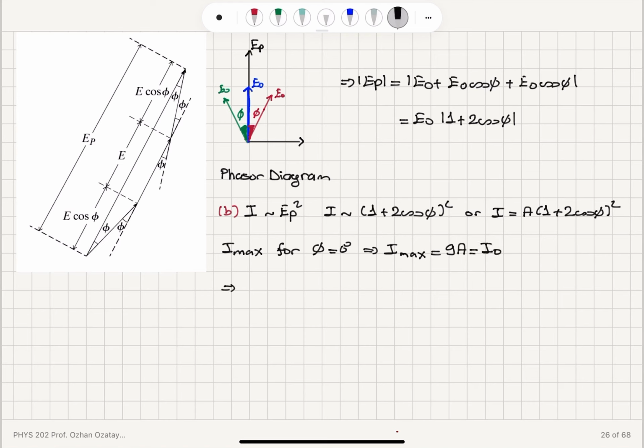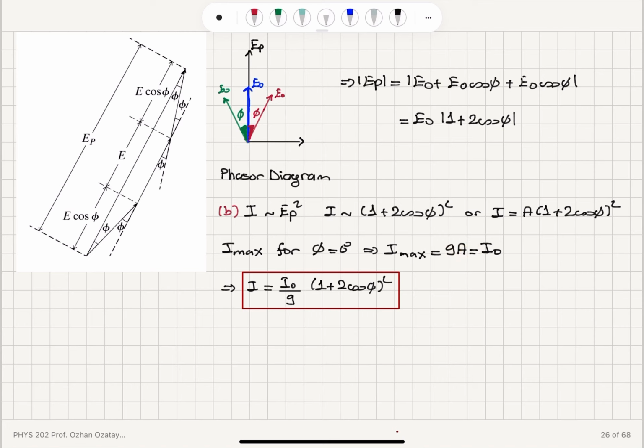So what I see then is I is equal to I0 divided by 9 times (1 plus 2 cosine phi) squared. So I have written the intensity in terms of the maximum intensity. You can see that the maximum intensity corresponds to 9 times A, which is I0.